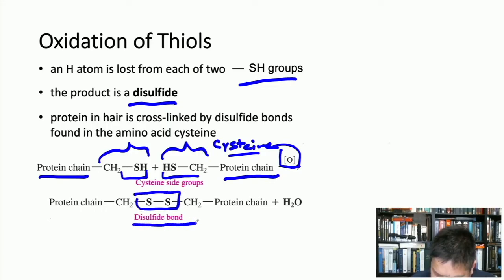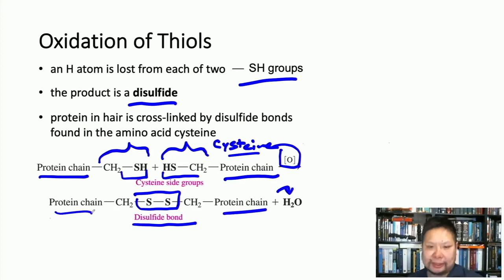The hydrogens that were there go into making water, right? And now you have two protein chains that are connected by a disulfide bond. And we'll talk about that a lot in the proteins and amino acids section of our class, right? A lot.